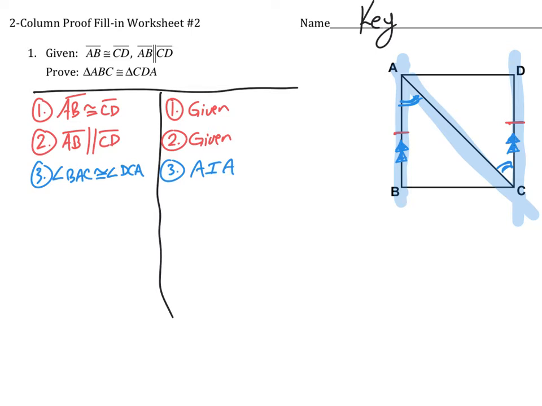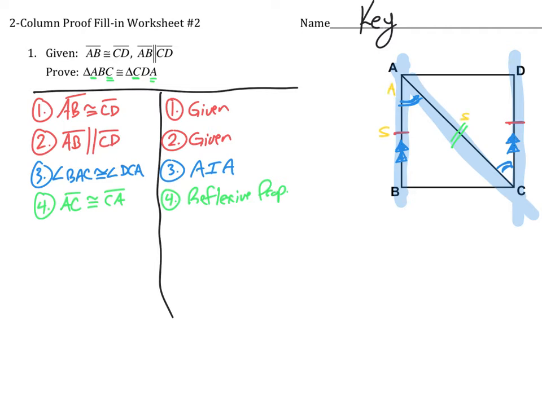All right, and then I can move on to step 4. I have a shared side, so AC is congruent to, let's take a look, here's A to C and C to A. So they're reversed, so I go CA. And step 4, the reason is the reflexive property. And then I have, if you notice, a side, an angle, and a side.